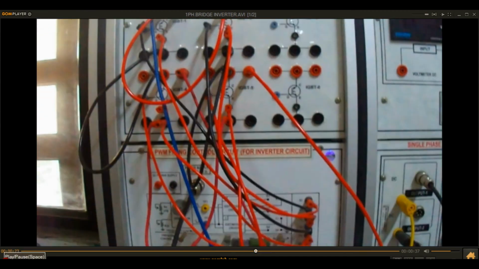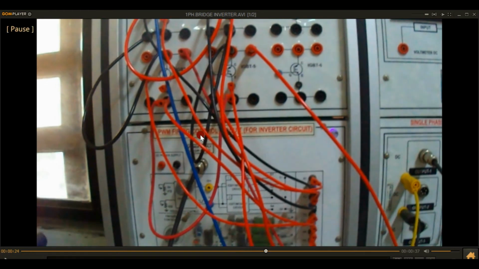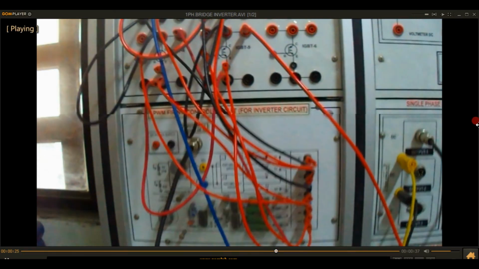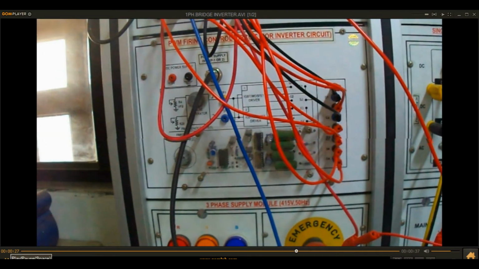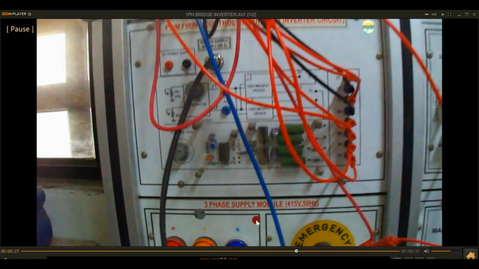Then you will see down below this diagram the PWM firing control circuit. This is the square wave generator, which is called the PWM firing control circuit for the inverter circuit. Here you have to connect the gating block. This is another section, the 3-phase supply module is down below this.